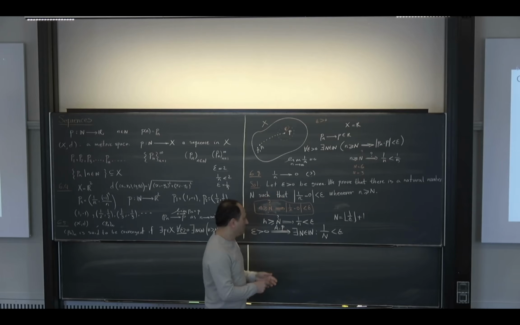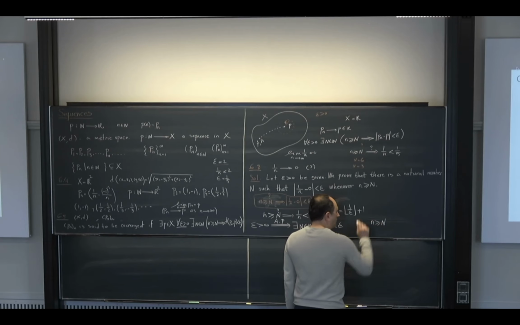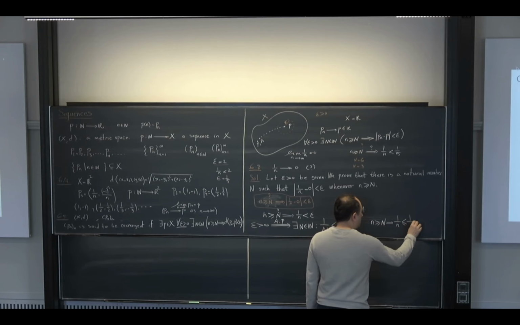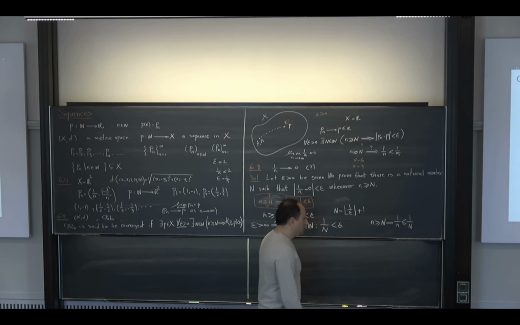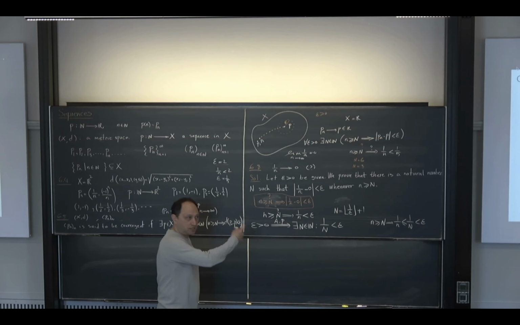Do you see that? Because if this is the case, and if n is greater than or equal to n, everyone agrees that 1 over n is less than or equal to 1 over n. And 1 over n is less than epsilon. So I achieved the goal. Is this logic clear?